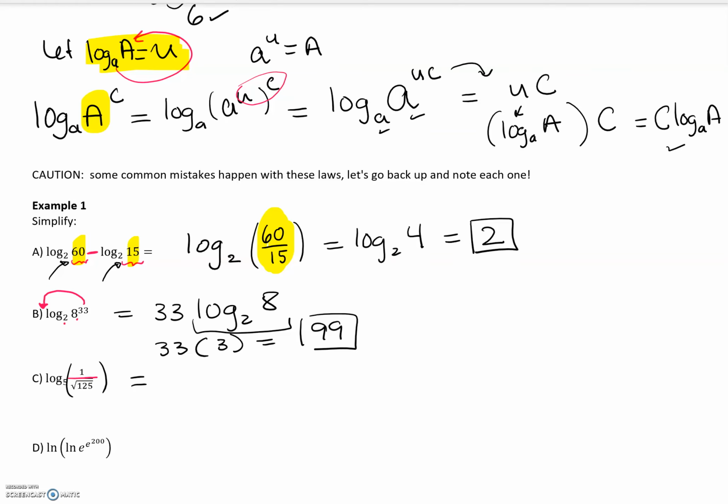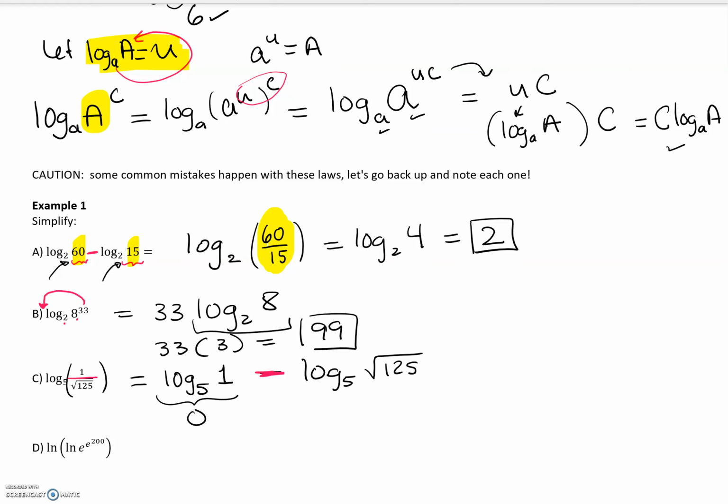So I'm going to open that up into a log base 5 of 1 minus log base 5 of, I guess, square root of 125. So we'll start with that, because log base 5 of 1 is manageable. We can do that. That'll just pop out 0, because 5 to the what exponent gives me 1? It would have to be 5 to the 0.